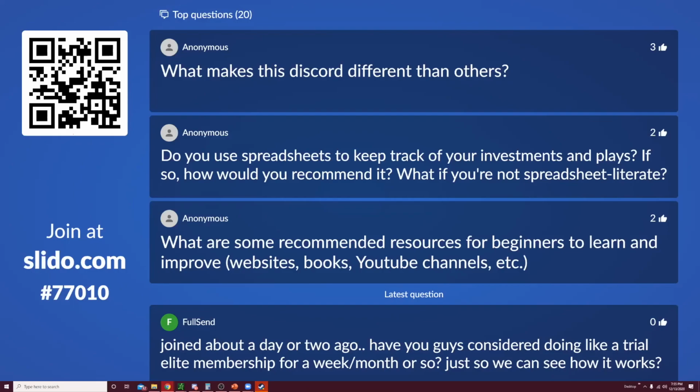So for the whole trial thing, I see another question about trials. I'm very confident with the group, where I know what we put out is worth it. So it's really up to you guys if you want to make that initial investment in yourself. And if you don't want to, your trial can essentially be the free alert section. I put out free alerts once in a while.